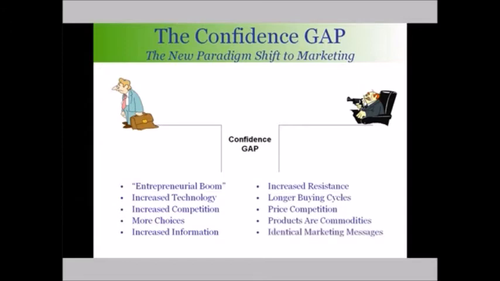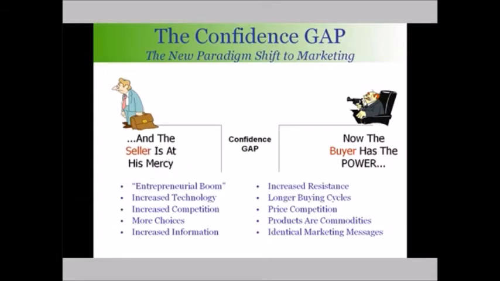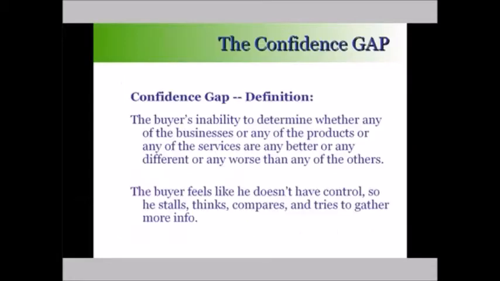Products were all commodities, and they all had identical marketing messages. Because of this, the buyer had the inability to tell one company from the other, and so price became the main issue. Now the buyer has all the power, and the poor seller is at his mercy.